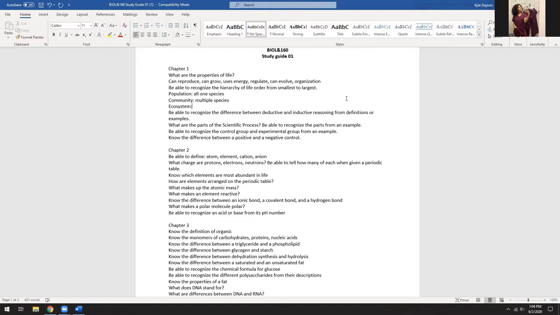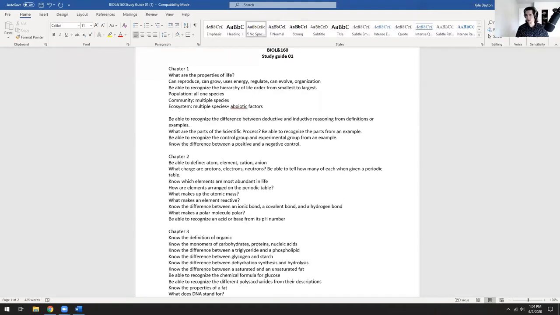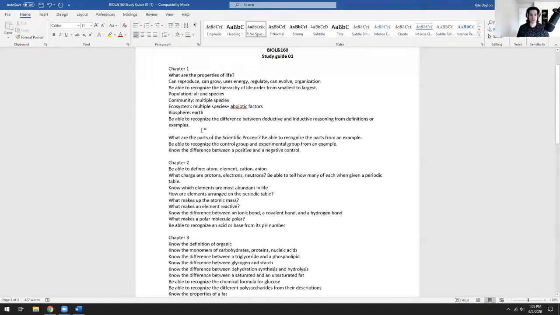That's going to be multiple species plus abiotic factors. And then outside of ecosystem, I think we just go straight to biosphere, right? Biosphere is Earth.